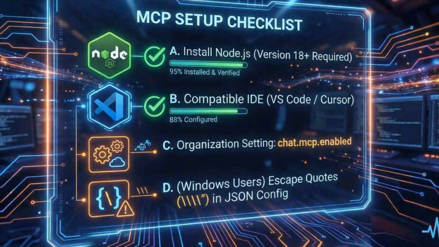Now moving on to the setup of the MCP server for your Tosca Cloud. Before you do that, obviously you need to have access to your Tosca Cloud account or the tenant system. And then Node.js should be installed on your system because this is a Node.js based server.